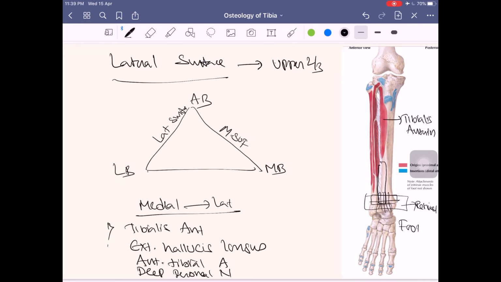So tibialis anterior, extensor hallucis longus, anterior tibial artery, deep peroneal nerve, and then extensor. So this is for your great toe, and then for the remaining two, extensor digitorum longus. And then finally you have one muscle called as a peroneus tertius.